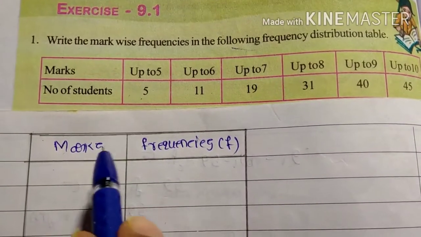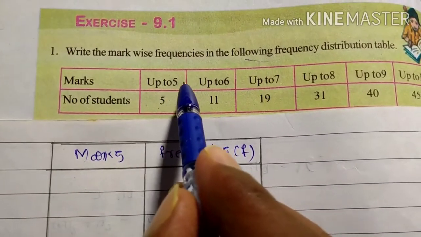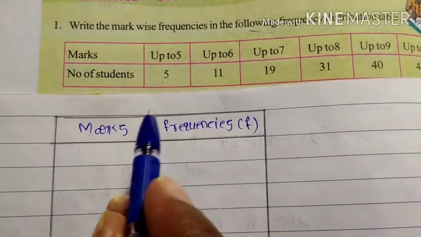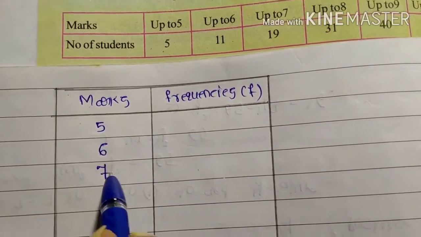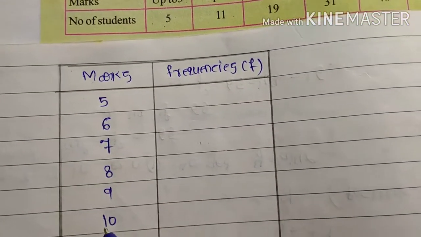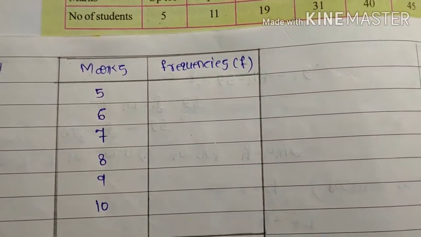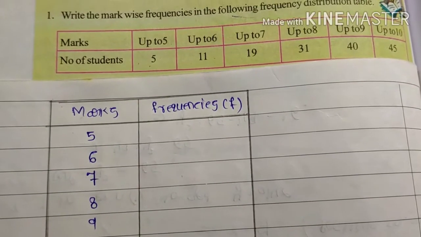Here marks 5, 6, 7, 8, 9, 10. Frequencies means the number of students.